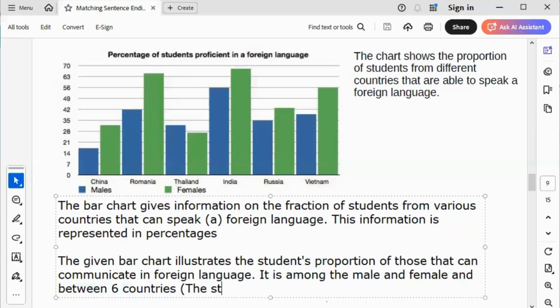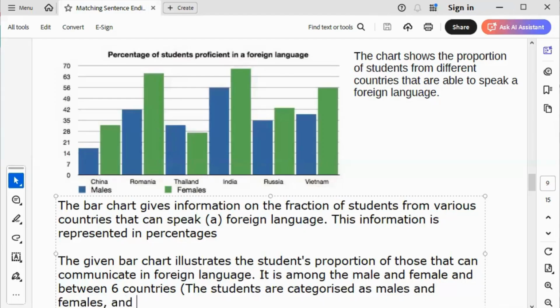Okay, the students are categorized into male and female. Or let's put it this way: they are categorized as males and what? Females. And they are from China, Romania.